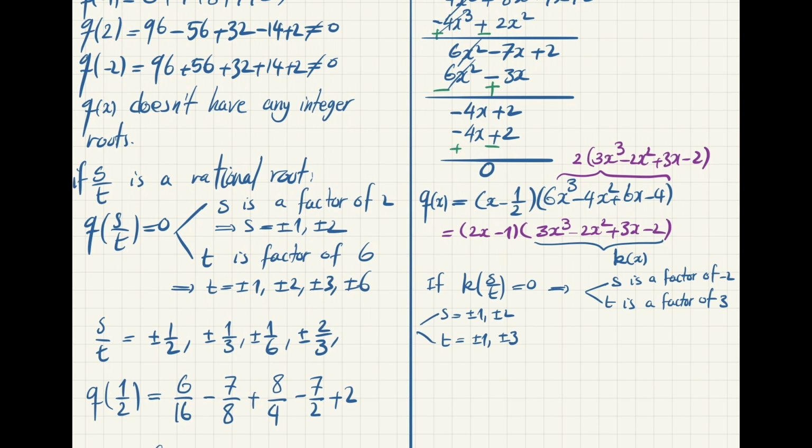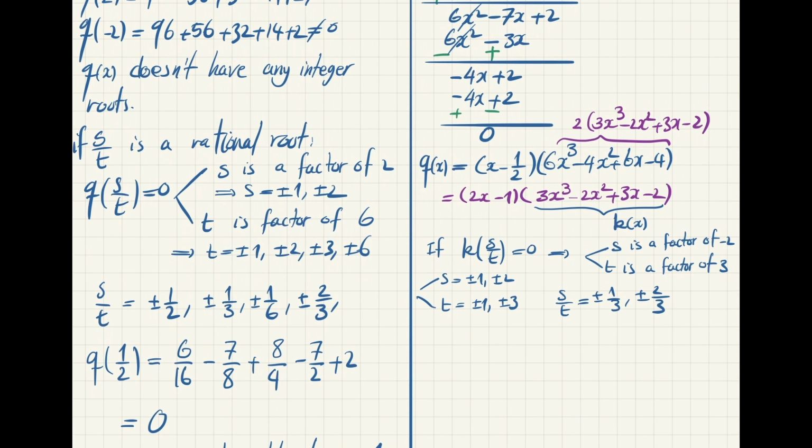Okay, but if you take s, this one will give you an integer, so I don't want it. I know that there is no integer root, so the possibilities of s over t are only plus and minus a third, and then plus and minus 2/3.